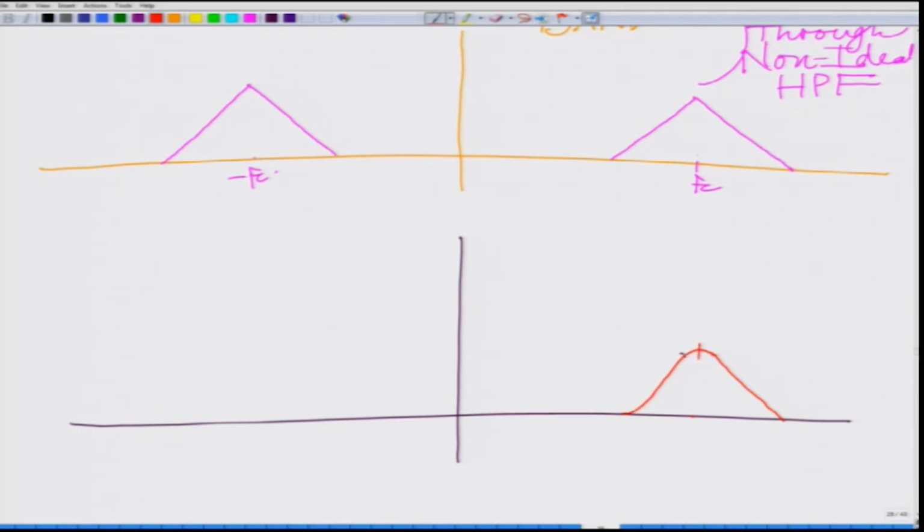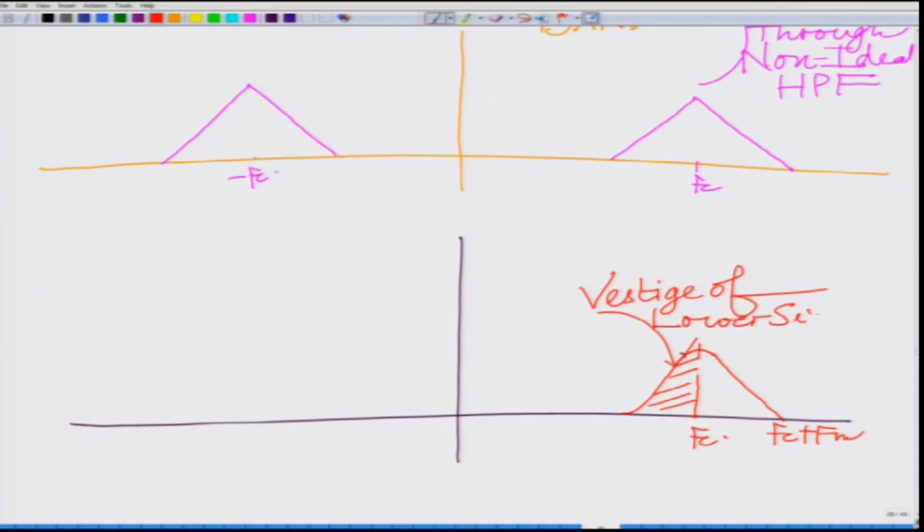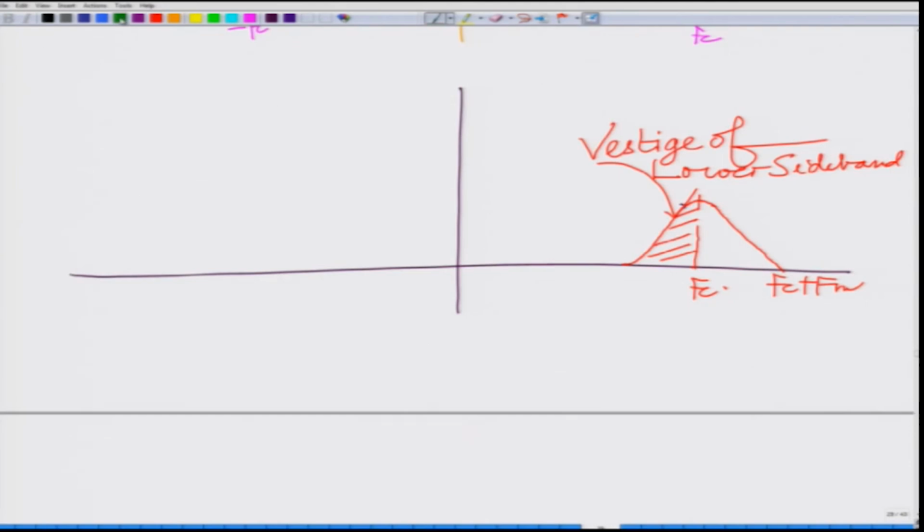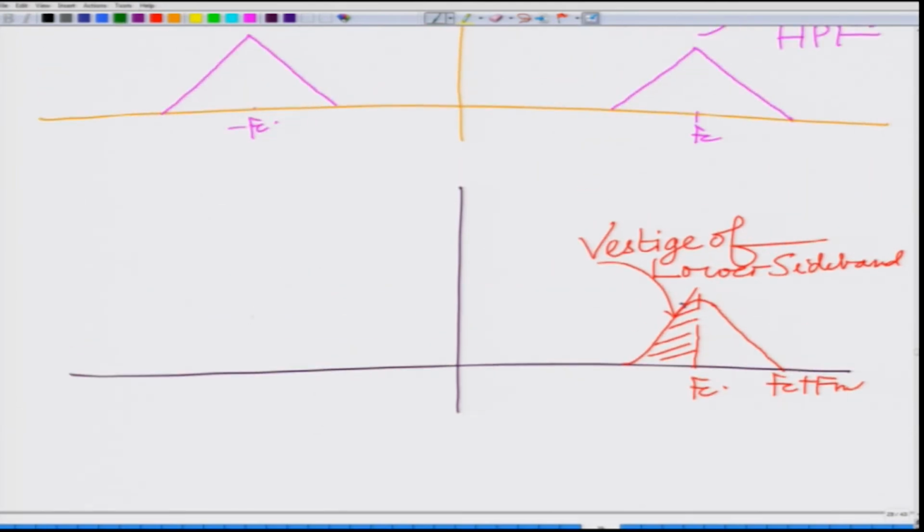It picks up a small portion. So this is your FC, this is your FM, and what we have here is a small vestige of your lower sideband.